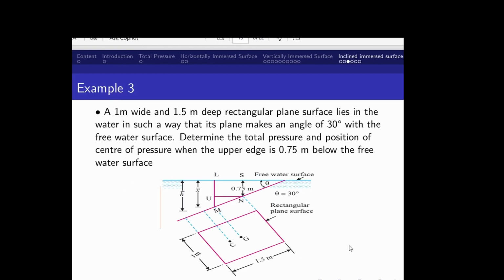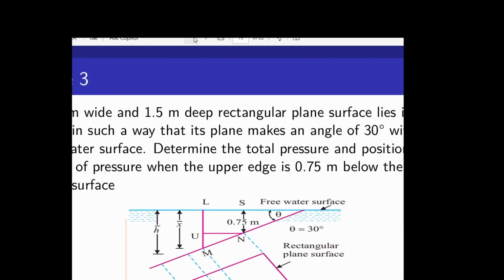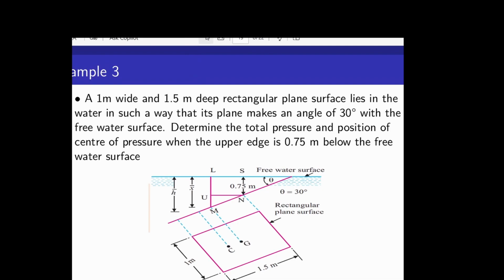So let's do an example for an object which is immersed at an inclined angle. The question says that a 1 meter wide and 1.5 meter deep rectangular plane surface lies in the water in such a way that the plane makes an angle of 30 degrees with the free water surface.